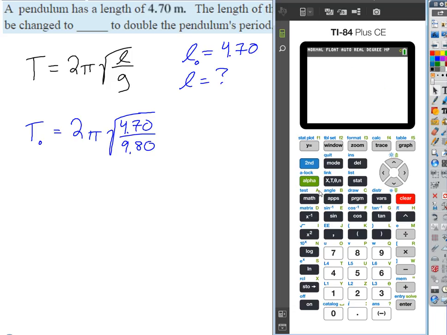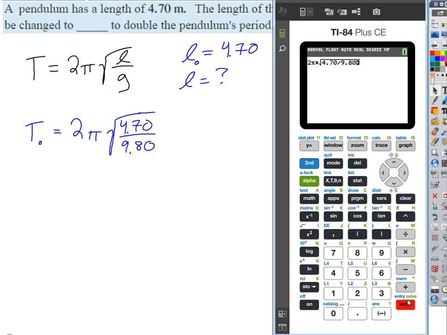All right, so we'll go 2 pi times square root of, I didn't really need the times, did I? 4.7 divided by 9.80. Okay, and voila, I get some number.